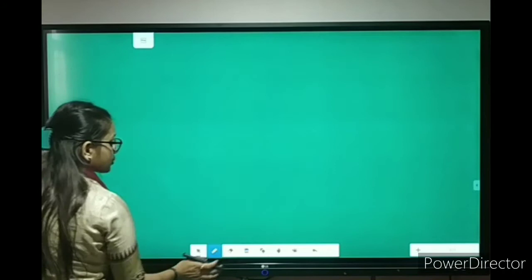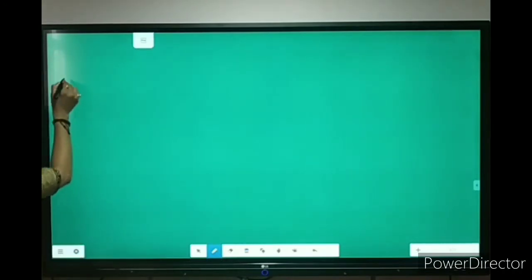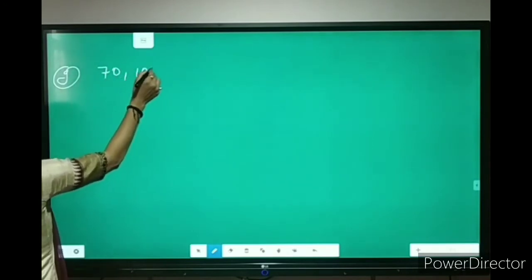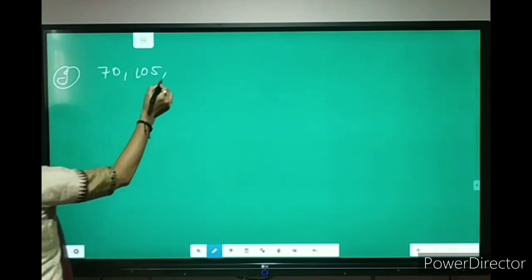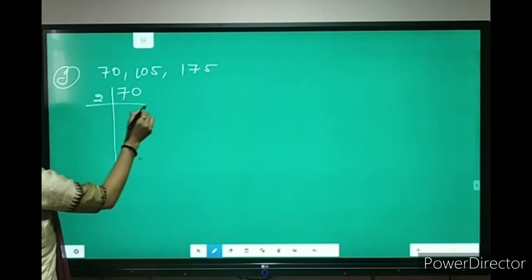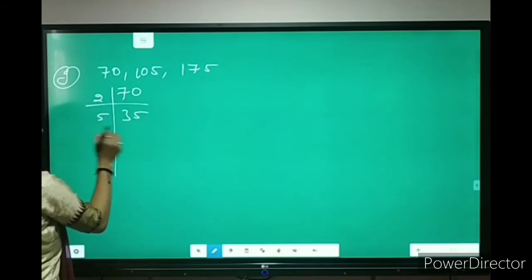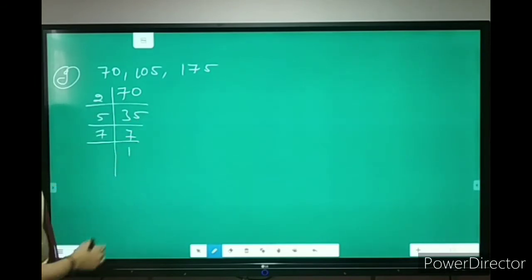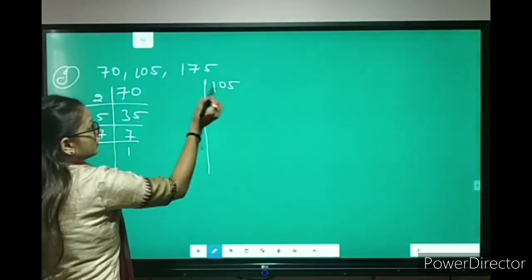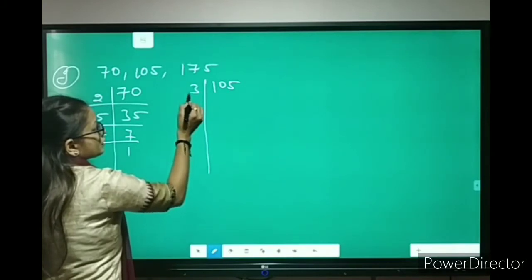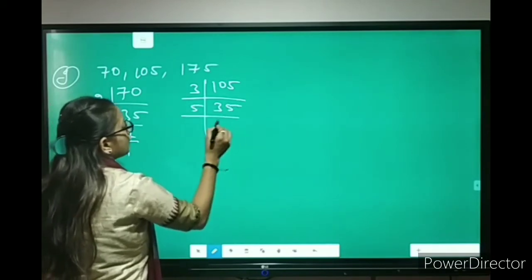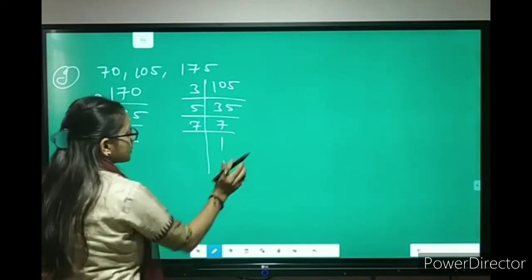Okay. Next question is part 4: 70, 105 and 175. First of all, factors of 70, 5 sevens are 35 and 7 ones are 7. Factors of 105, 3 fives are 15 and 7 ones are 7.